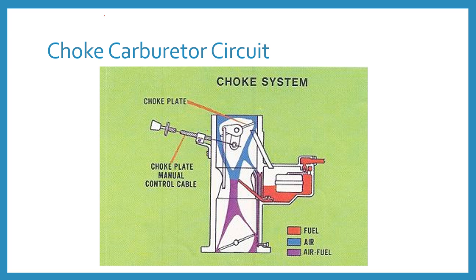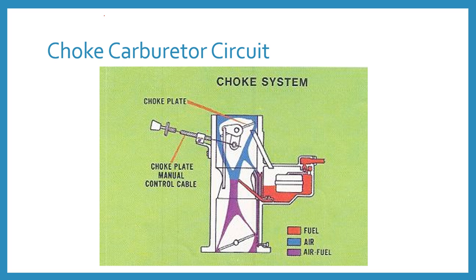Both of these components are linked with the choke valve. It may be noted that in a bimetallic strip, due to the difference in the expansion rate of the two metals, the spring tends to wind or unwind with the changing temperature.